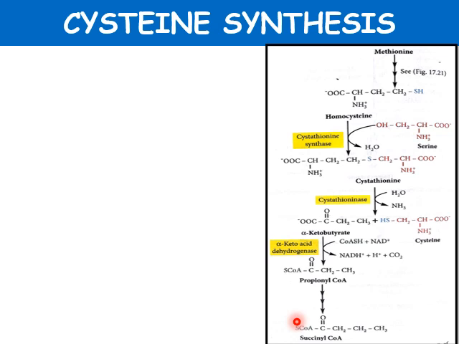So hence methionine or cysteine is glucogenic.